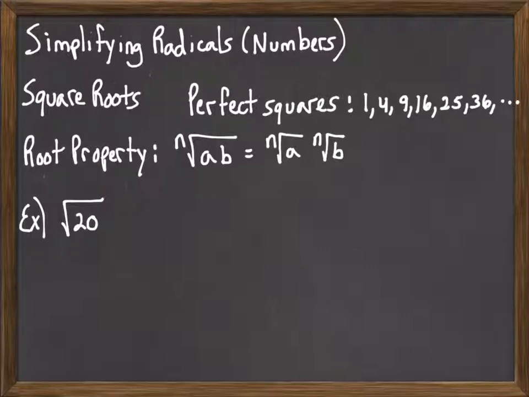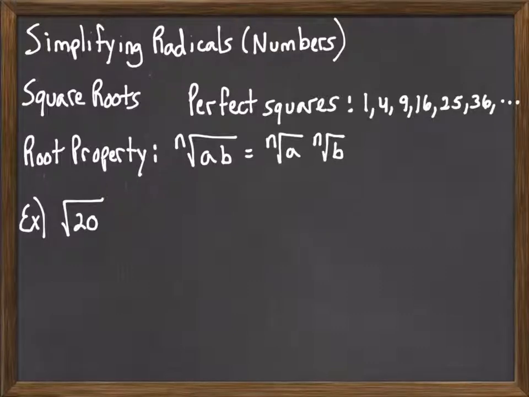So let's consider square root of 20. Now, when we write this square root of 20, we want to rewrite it as a multiplication problem. But as we're doing that, we want to keep an eye to these perfect squares, because the only things where we take a square root and get a really nice answer is if we're doing square root of these numbers.